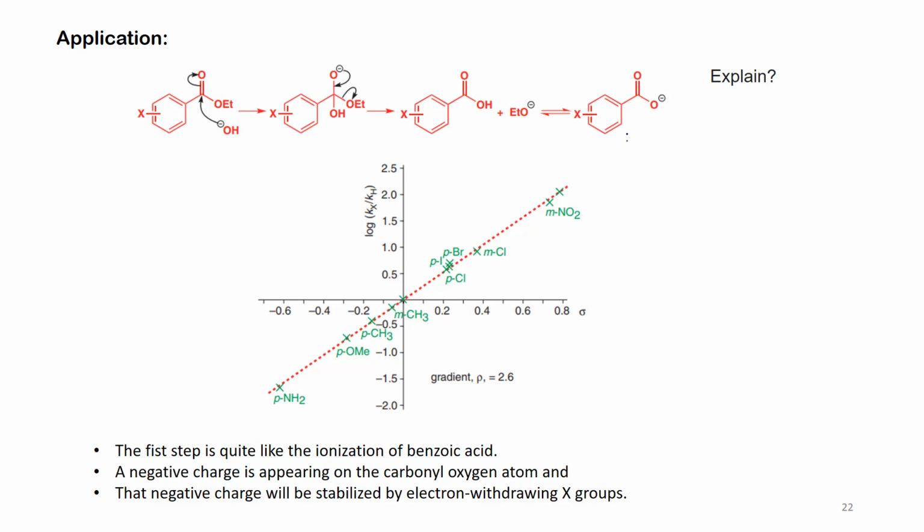So we can correlate this reaction with the benzoic acid reaction and get the sigma or rho value. From that we can get an idea of how the reaction is affected by the substituent, which substituent will speed up the reaction and which will slow it down. We can get that idea from this Hammett principle.